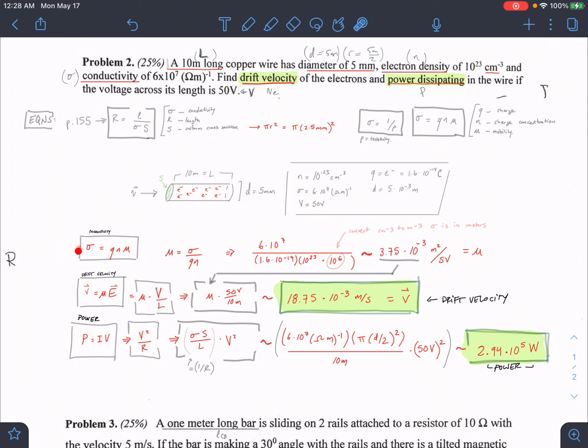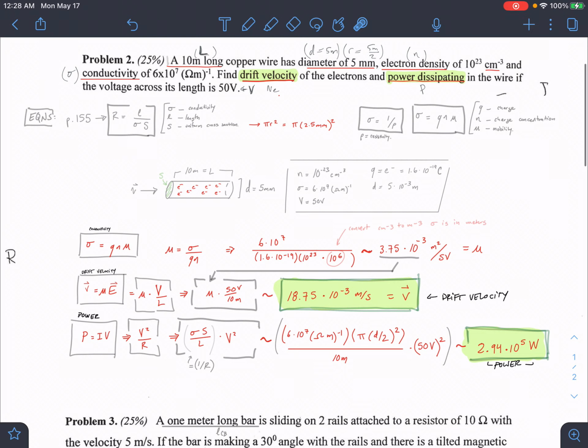So if we have conductivity, we have this equation for conductivity. We can use q and n for our electron density to solve for the mu value here. So we can do sigma divided by this q charge, which is just an electron here, multiplied by the electron density.